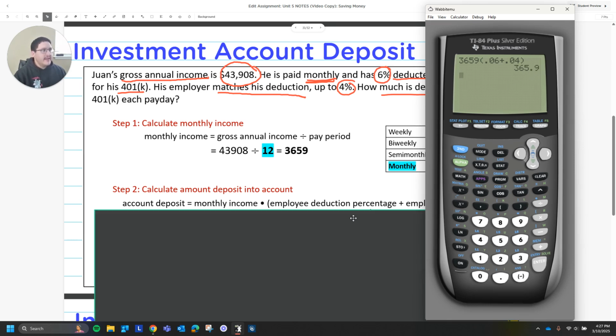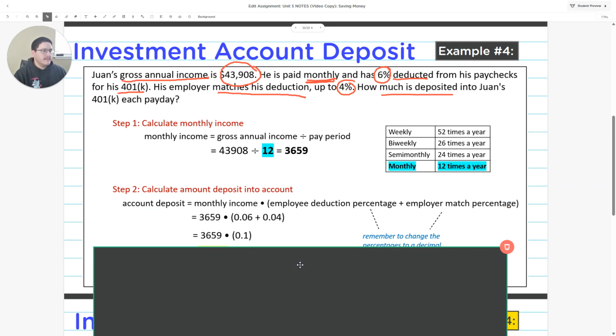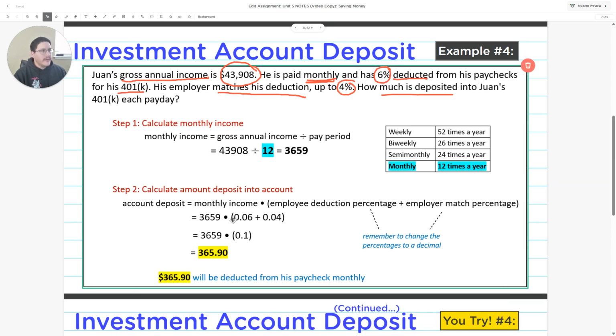$365.90. That will get deposited into Juan's account. Only 6% will get deducted from his paycheck, and we could do that calculation if we want.